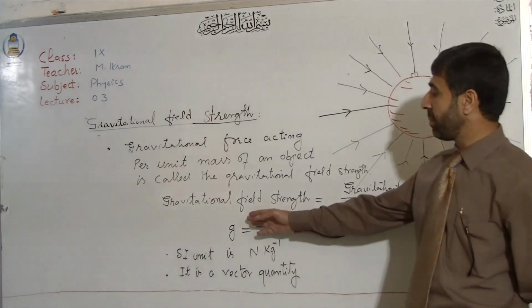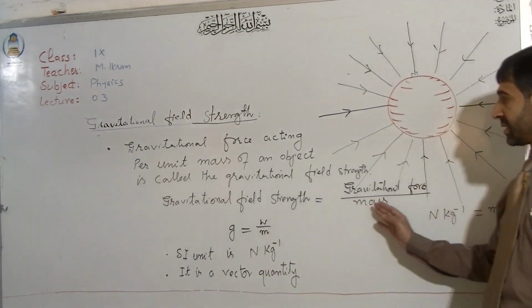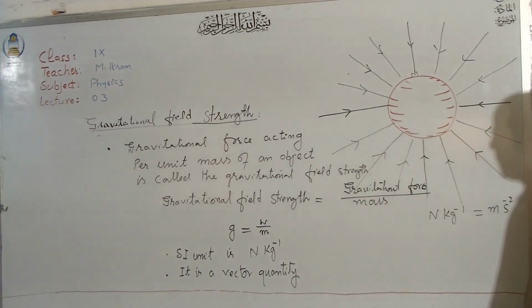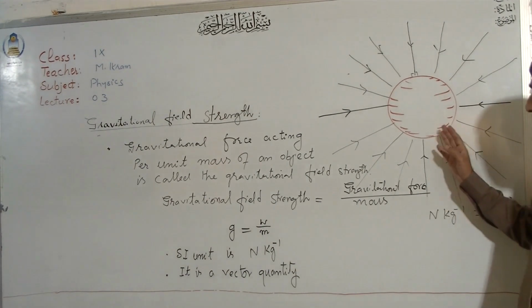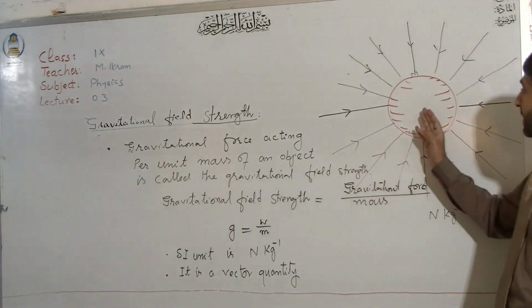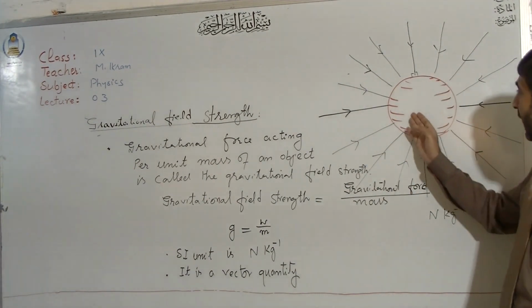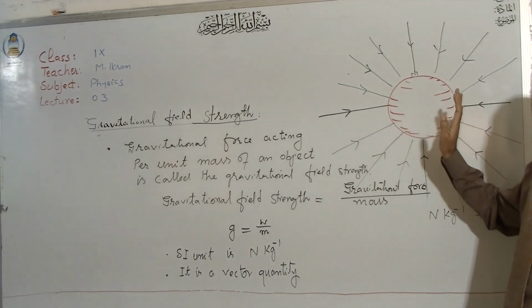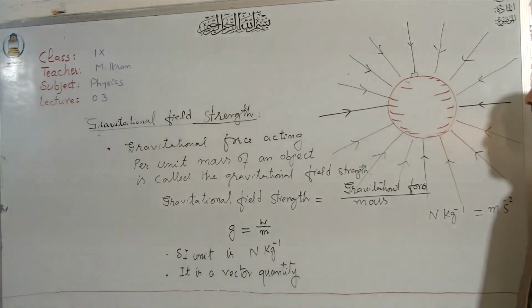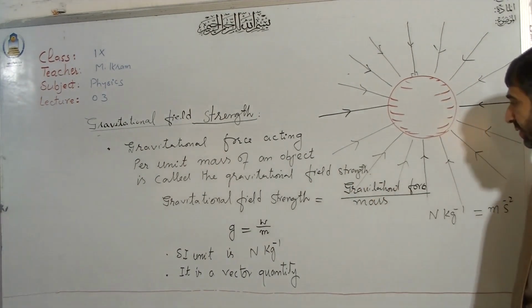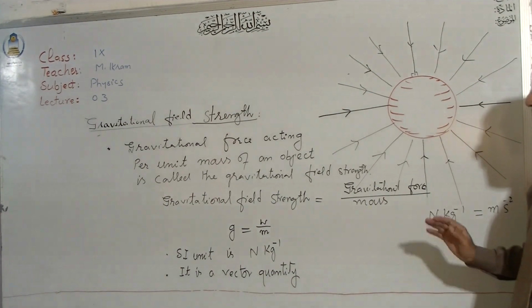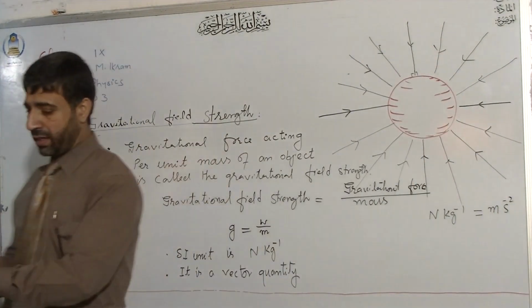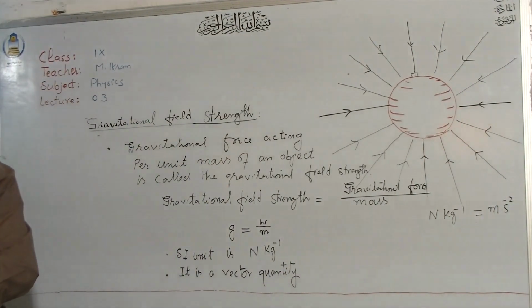It depends on other parameters, which we will discuss in our next lecture. Most probably it depends on the mass and the radius of the given object or planet, of which we are going to determine the gravitational field strength. So that is all about the gravitational field strength of an object.